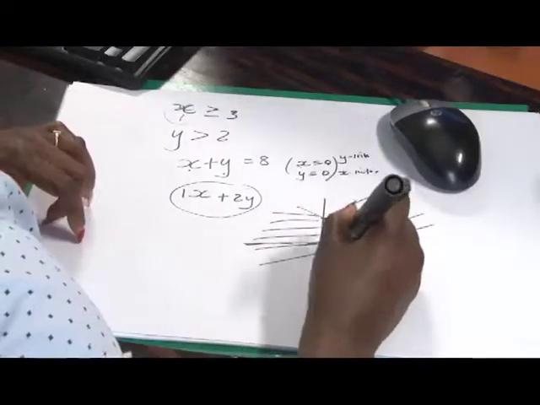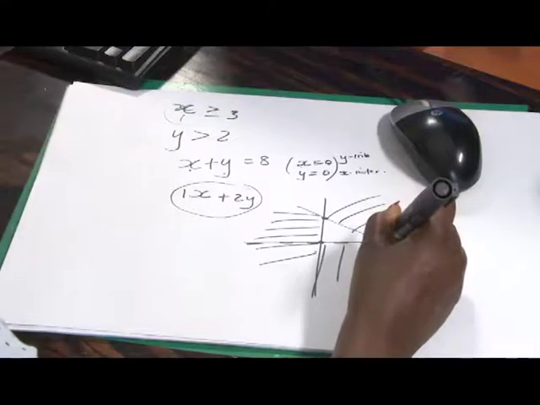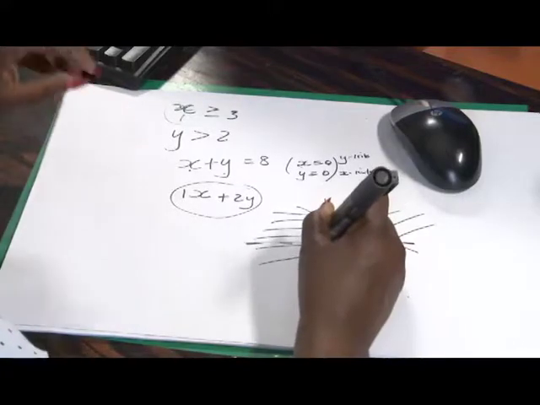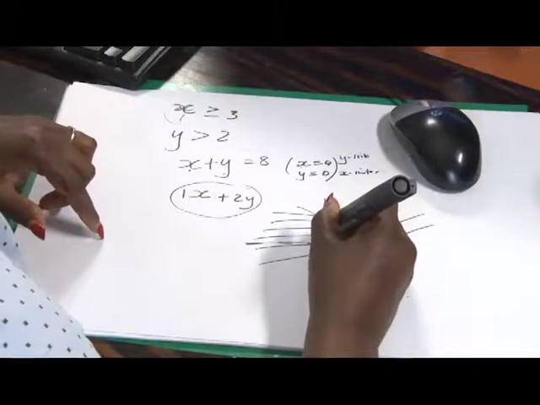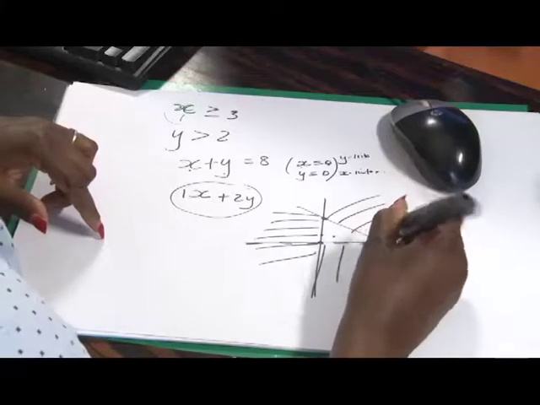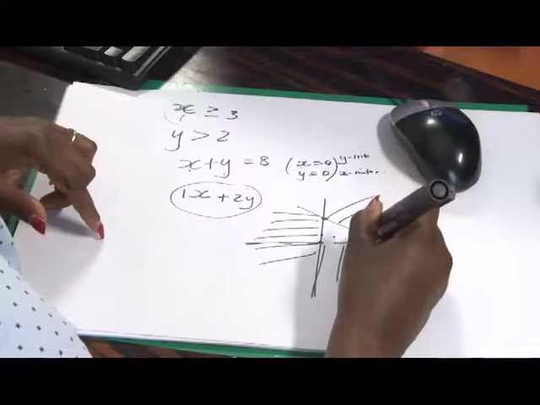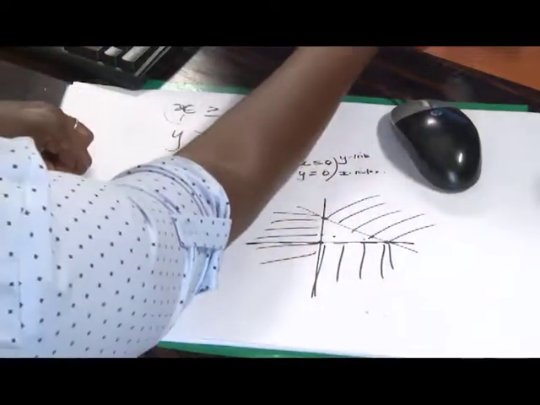Now, if maybe this line here is a dotted line, I cannot pick this point because it's sitting on the dotted line. Therefore, I have to look at the points that are closest to this point. Because I cannot pick this, you have to pick some other points closer. In this case here, the person cannot pick this point because it's on the dotted line.